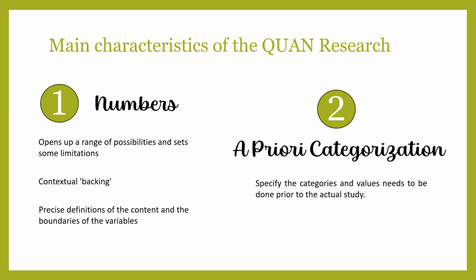We have to specify exactly the category that we use to specify number 4, and also the different values within the variable. And then we have precise definitions of the content and the boundaries of the variables.